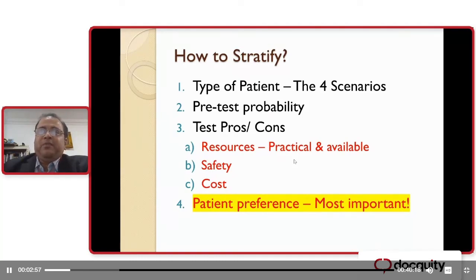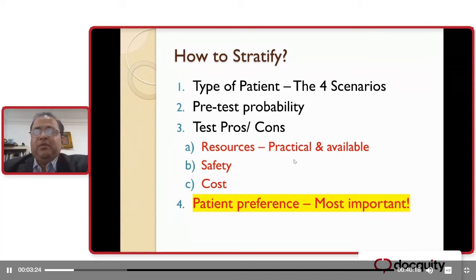But most people forget, no matter what you do, patient preference is very important and paramount. Because if they do not agree, if they do not consent, you cannot do any test. And the other thing, people get carried away doing dobutamine stress echo, cardiac CTs, and so on. Before you proceed, even with a simple test, you must ask the patient what they want.